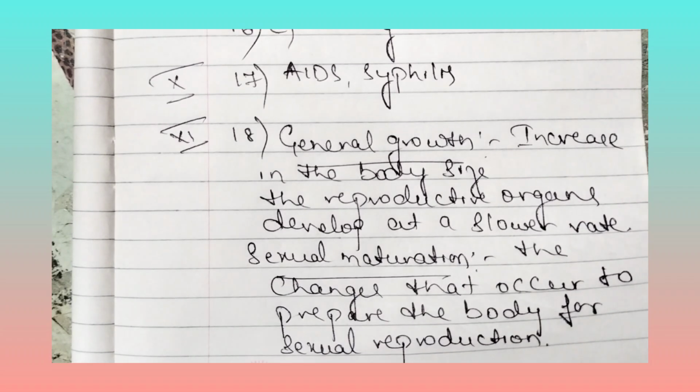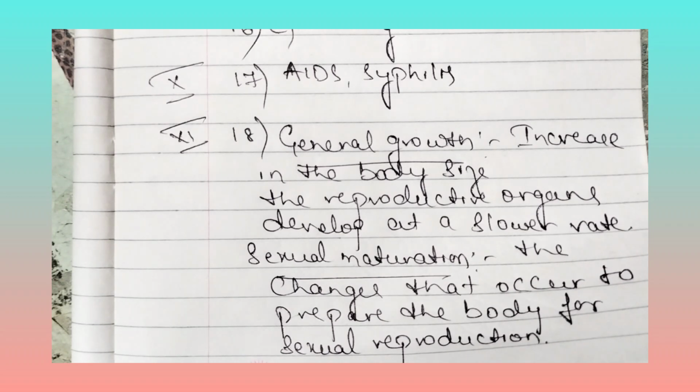This is sexual maturation. Then one more question is there in that one, that is which are the symptoms that we can observe in sexually matured females? So now let us answer that question.